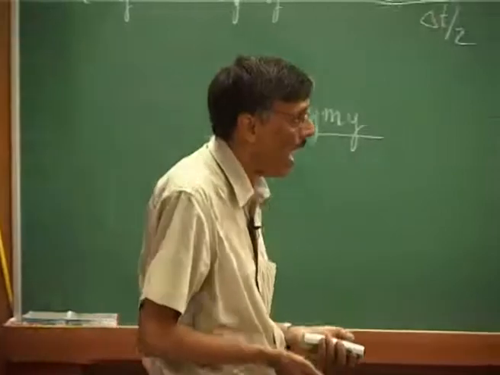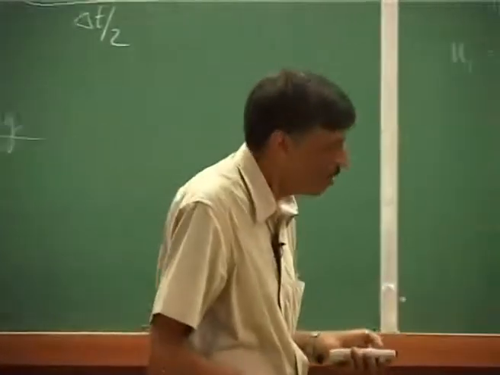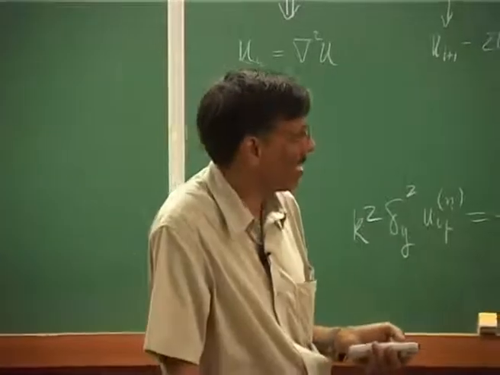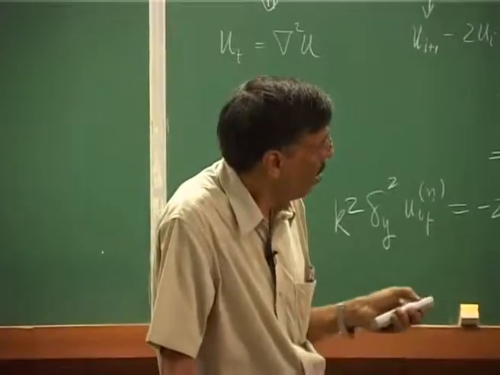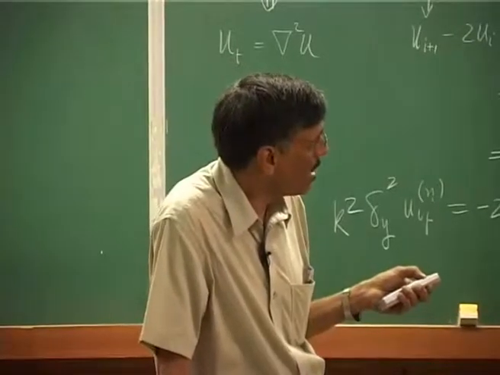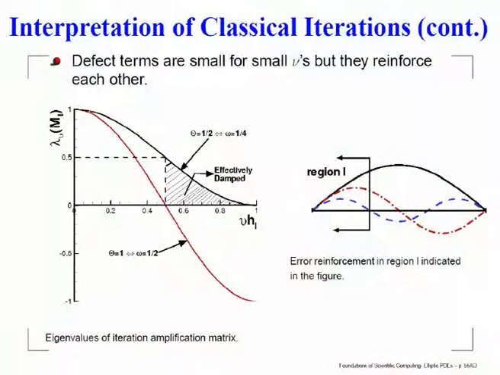Okay? And whether you are under relaxing or not, in both the cases you see what is the troublesome area. The troublesome area is this end. This end corresponds to the largest wavelength of the problem that you have, right? The domain size. That's what this corresponds to.